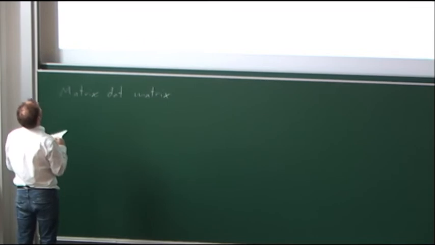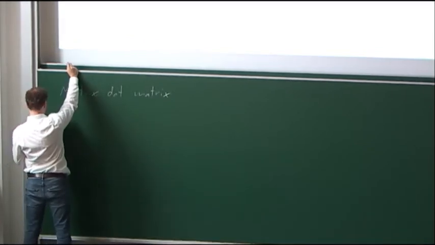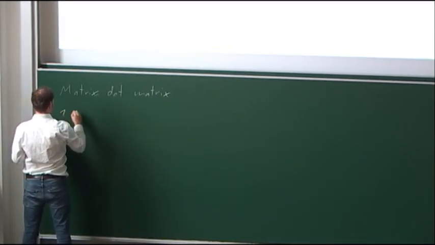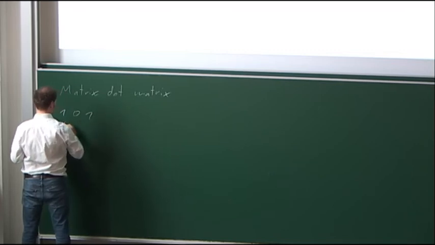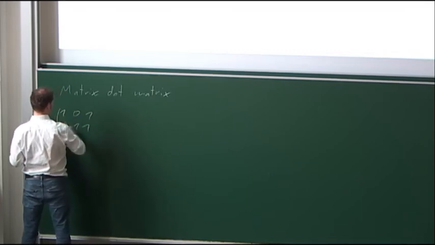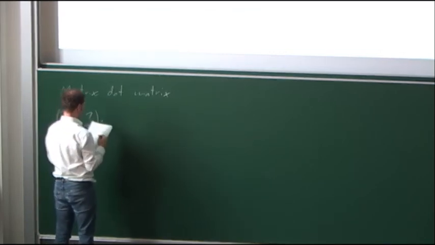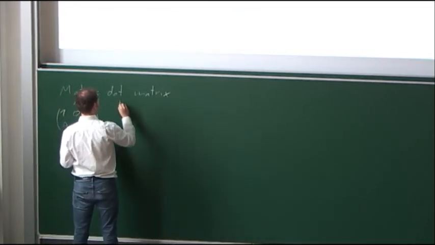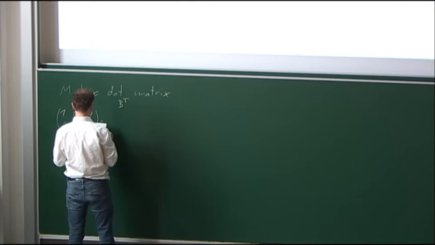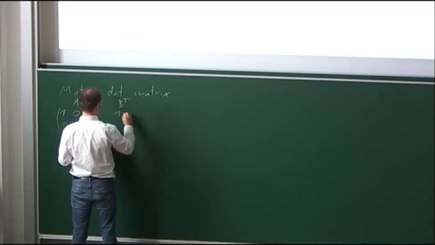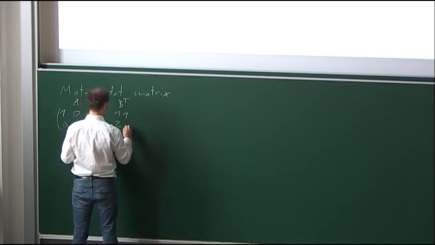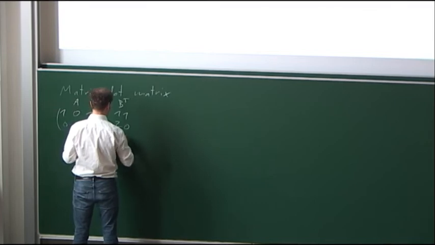A was [1, 0, 1], [0, 1, 1]. And then we wanted to calculate the dot product with B transpose. And B transpose is [1, 1], [2, 0], [1, 2].